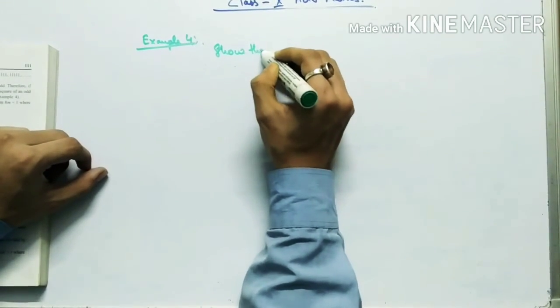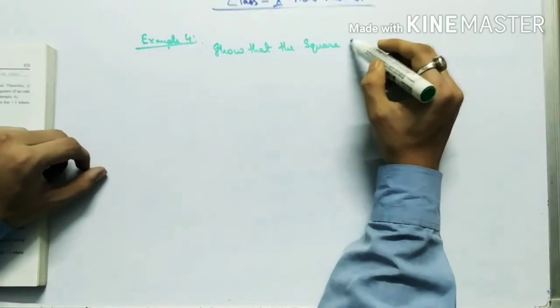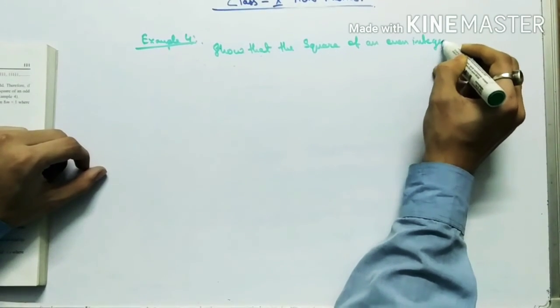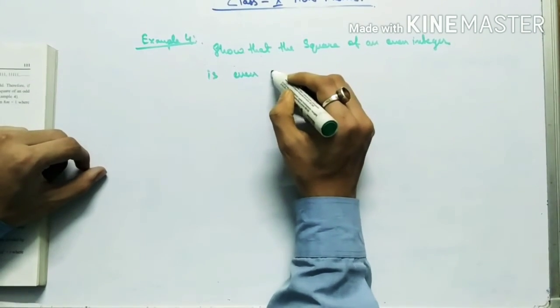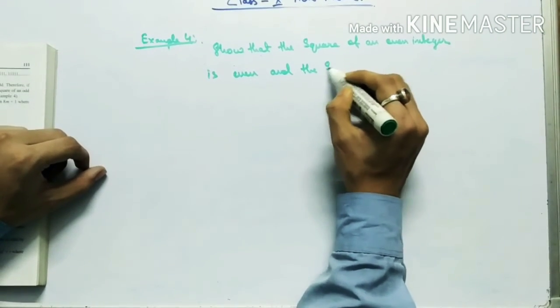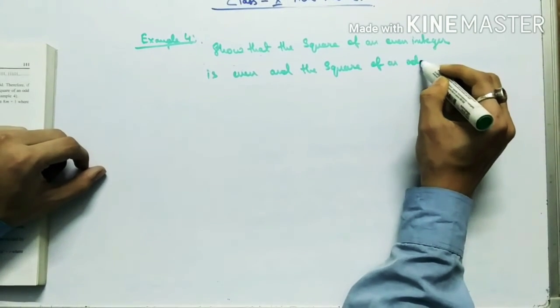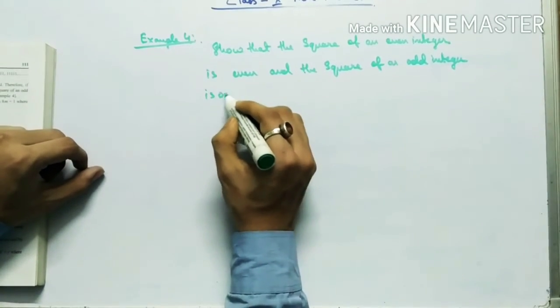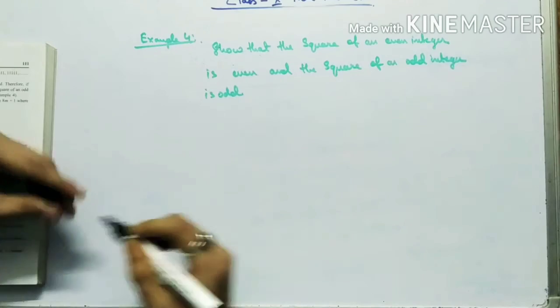So that the square of an even integer is even, and the square of an odd integer is odd. Okay, I have to show that the square of an even integer is even and the square of an odd integer is odd.